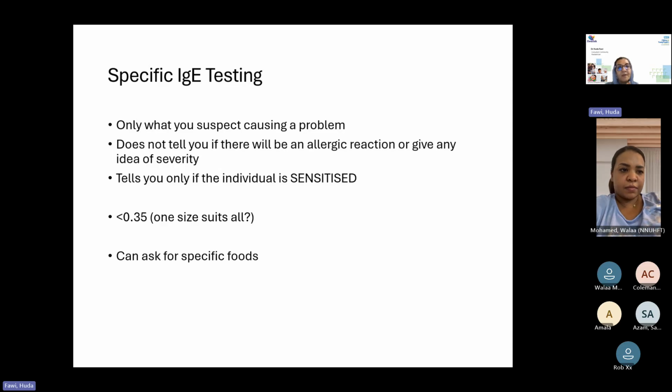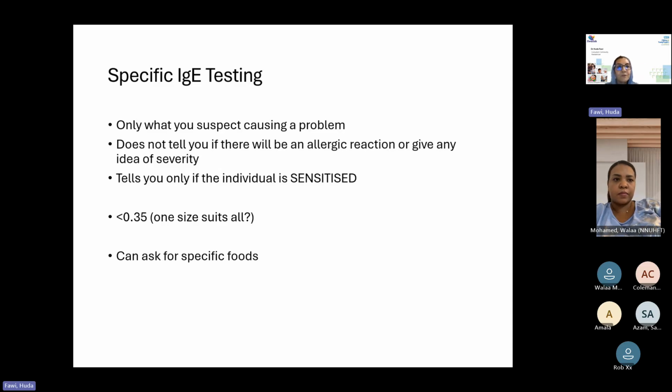The GP, from the history, diagnosed that this child has a reaction to cooked or raw egg because she was eating an omelette. The specific IgE requested was egg white, and it came back as 14. That means that this child is allergic to this egg protein. And then you take it from there.